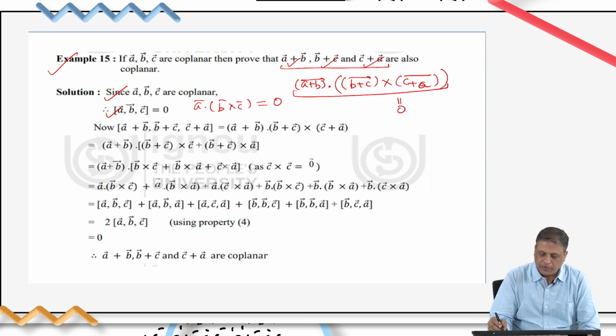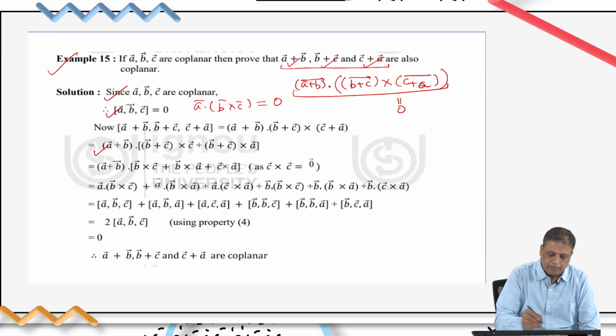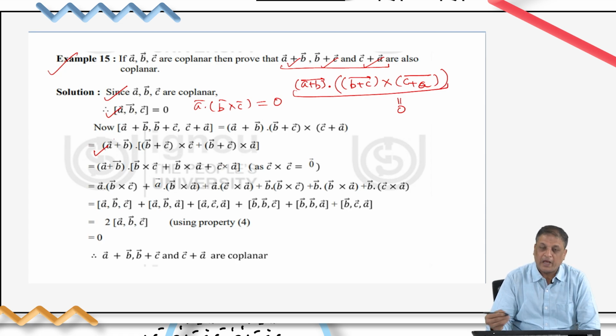So, in order to verify this, we simply apply the cross product and the dot product respectively.